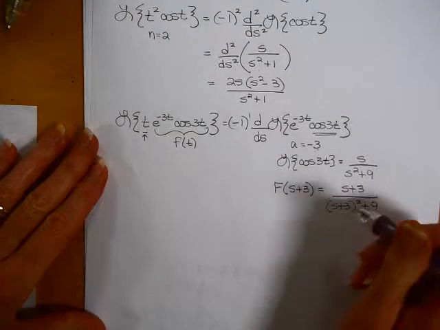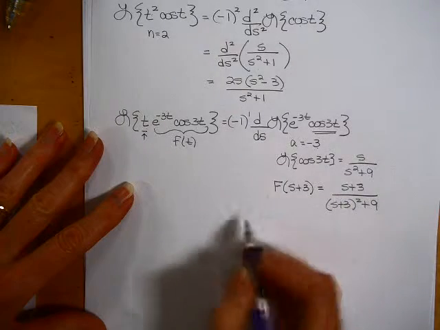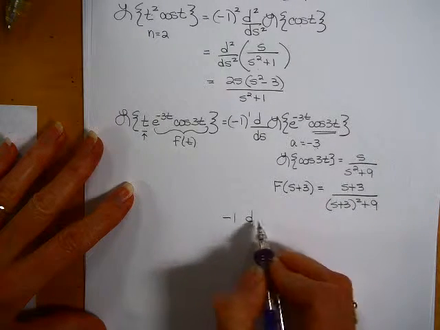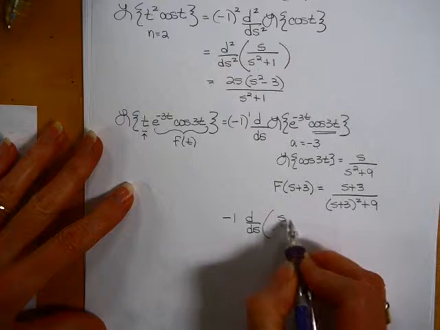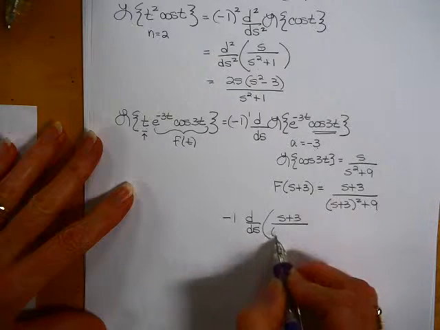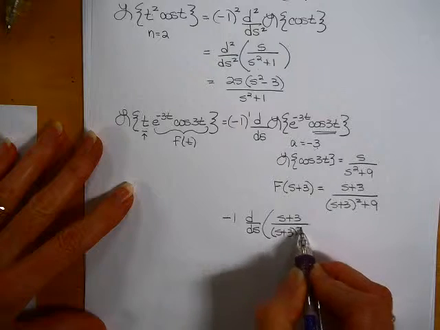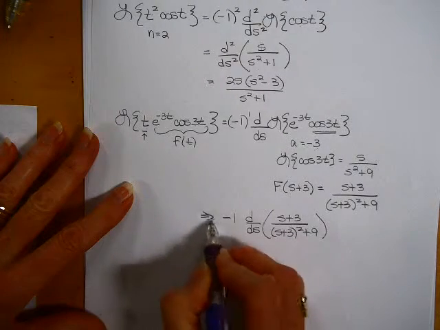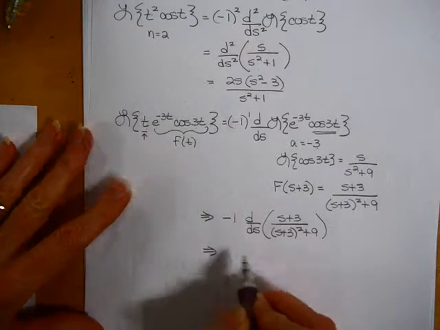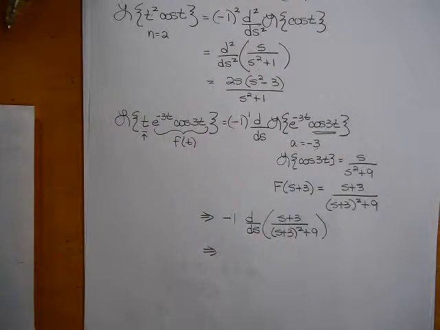But that's what I've got to take the derivative of. So this is going to be negative 1 times the derivative with respect to s of this creature right here, which is s plus 3 over s plus 3 squared plus 9. And I do not know what it is. You do it by hand or with a calculator.